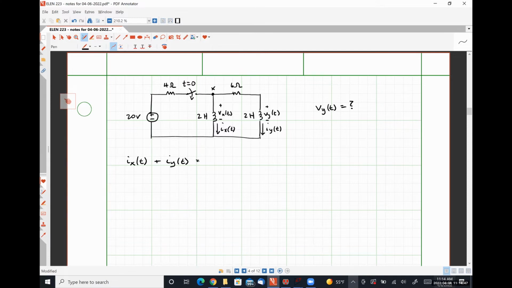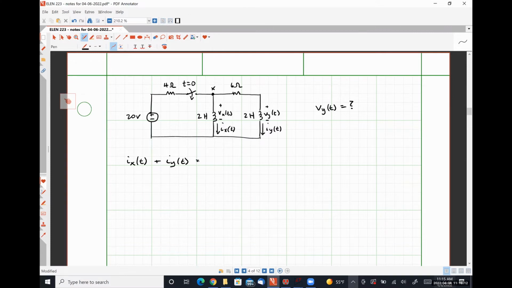So during the transient condition, okay? That just means this switch is closed and we're analyzing this circuit as a function of time. So the voltage at this side of the resistor is 20 volts. The voltage at this side of the resistor is Vx. So 20 minus Vx over 4 ohms. It doesn't have to be hard.